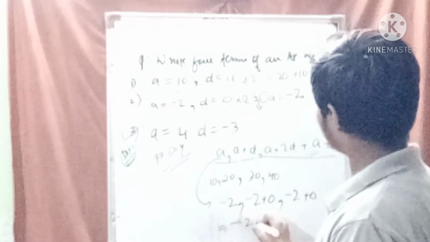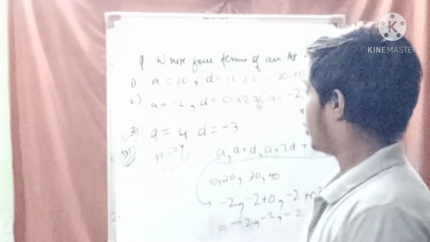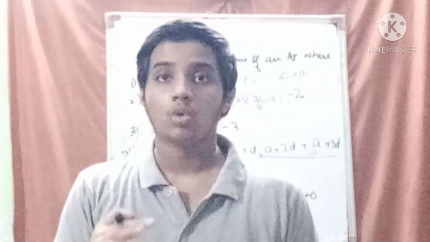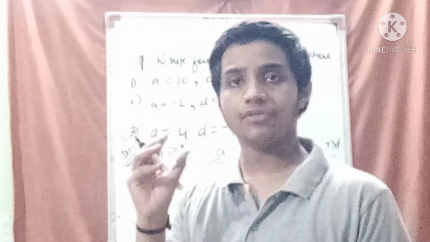So minus 2, minus 2, minus 2. Here, the first 4 terms, or the infinite terms, are all minus 2 because 0 is the fixed value in this question.